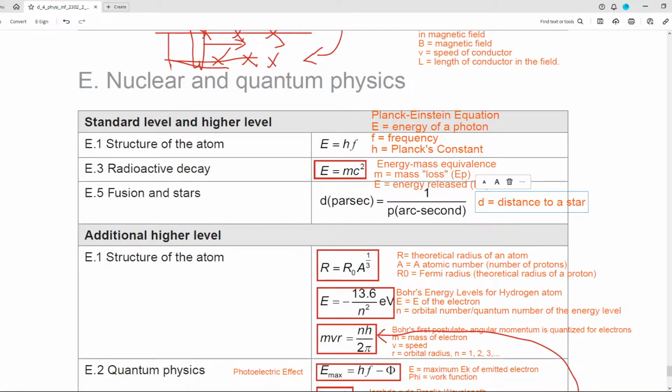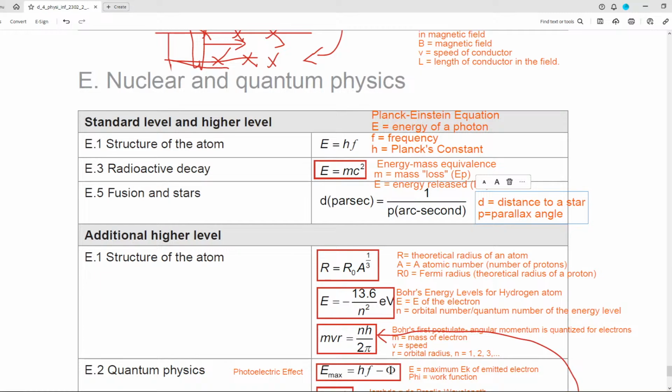And P is what we call the parallax angle, which is usually measured in arc seconds, because of how small it is.